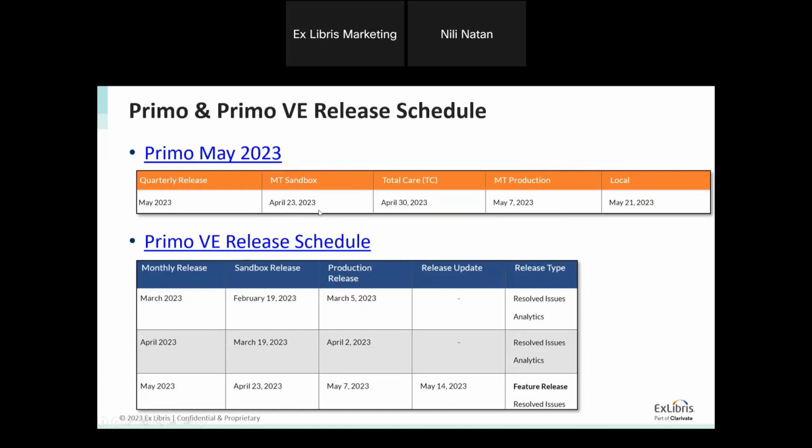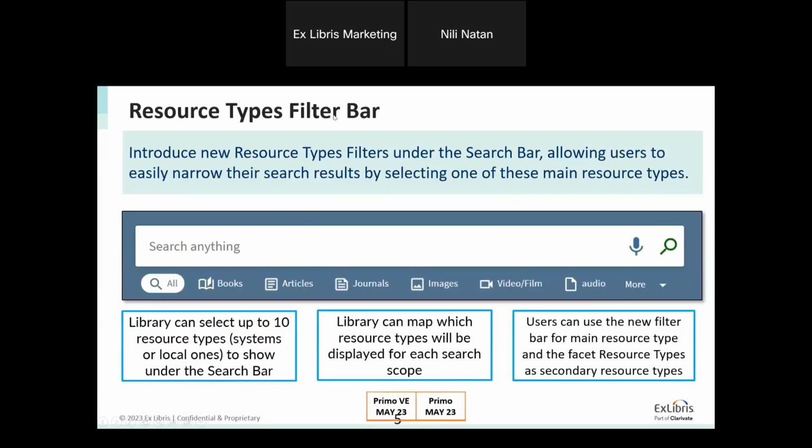For Primo customers, the release will be in production for the multi-tenant production on May 7, or if you are a local Primo customer, it will be available on May 21. For Primo VE customers, you will find the release on the sandbox this Sunday, and on May 7 in your production.